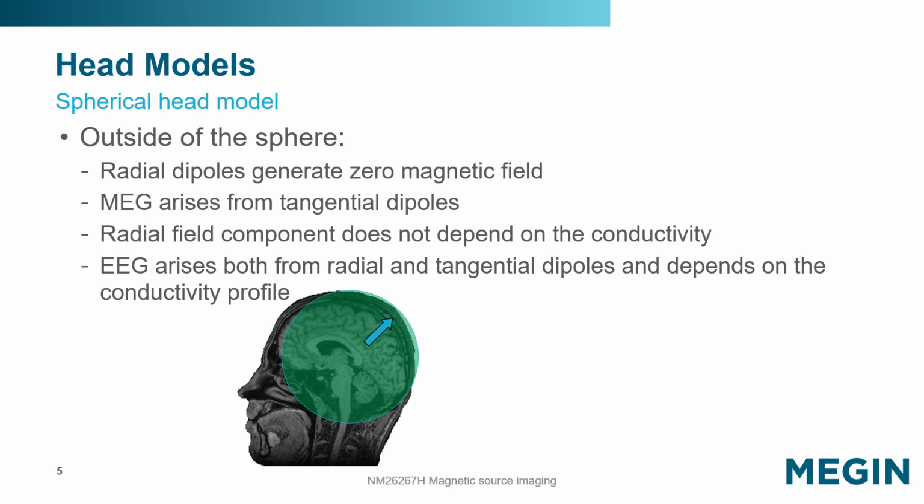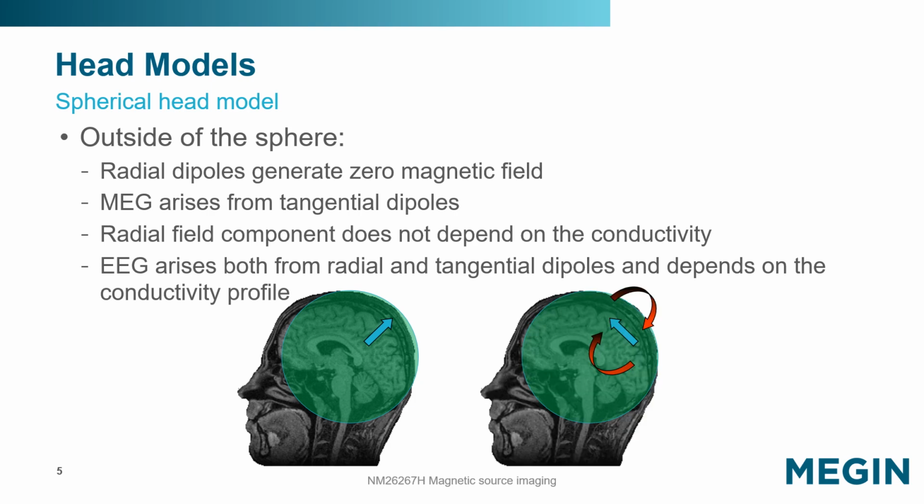When the dipole is rotated to have a tangential orientation, parallel to the surface, MEG signal appears outside of the sphere. In the spherical model, MEG signals arise purely from tangentially oriented dipoles.